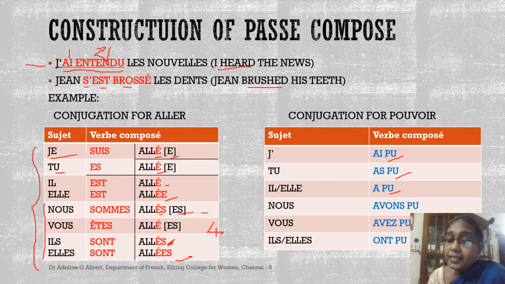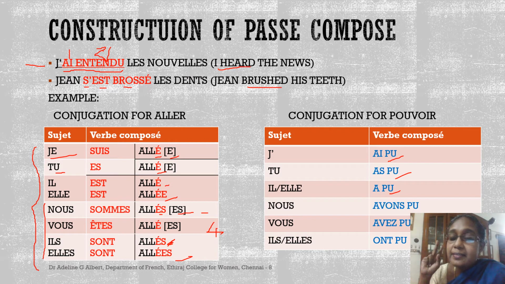Avoir verbs, now you realize, are not really a problem. You just have to make sure you have your auxiliary verb correctly in place and your past participle correctly in place, and you get your mark. Être verbs, you have to remember, number 1, how many verbs are conjugated by être. Remember, 3 possibilities. All SE verbs are conjugated with être. All verbs of state, like being born and remaining somewhere, or becoming somebody and dying, they're conjugated with être.